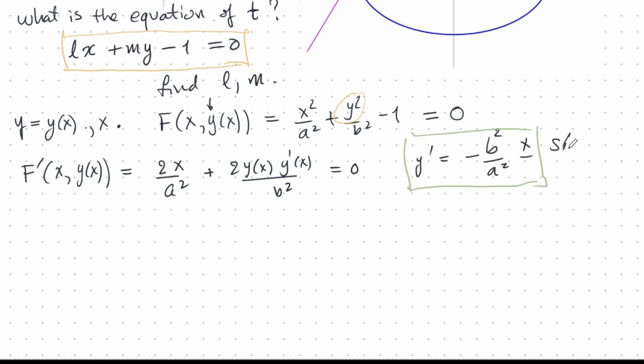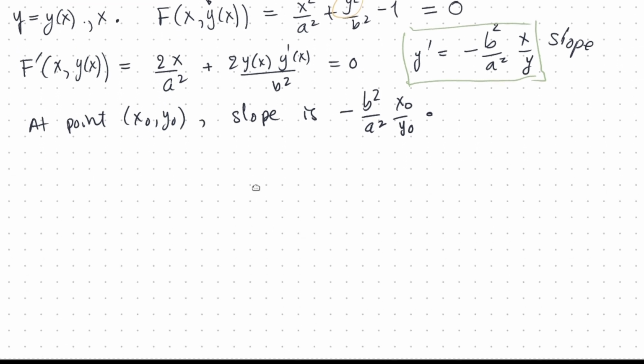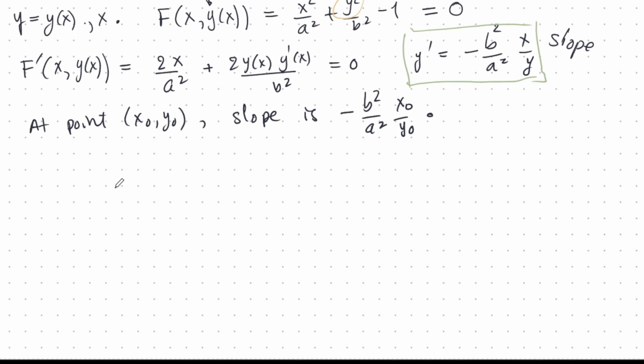This is the slope at every point along the ellipse. That's a very effective formula, because now at the point x0, y0, I know the slope: it's minus b squared over a squared, x0 over y0. There we go. All we need to do now is plug that into the equation of a line.